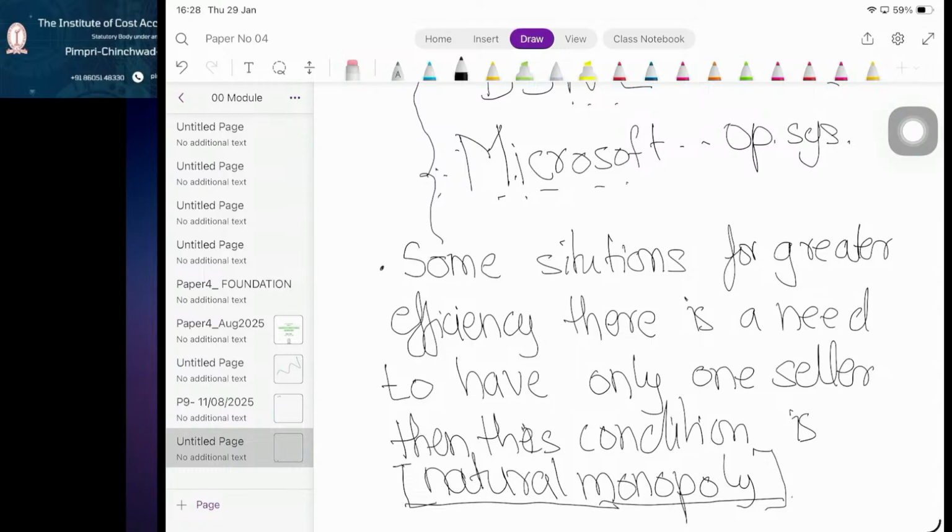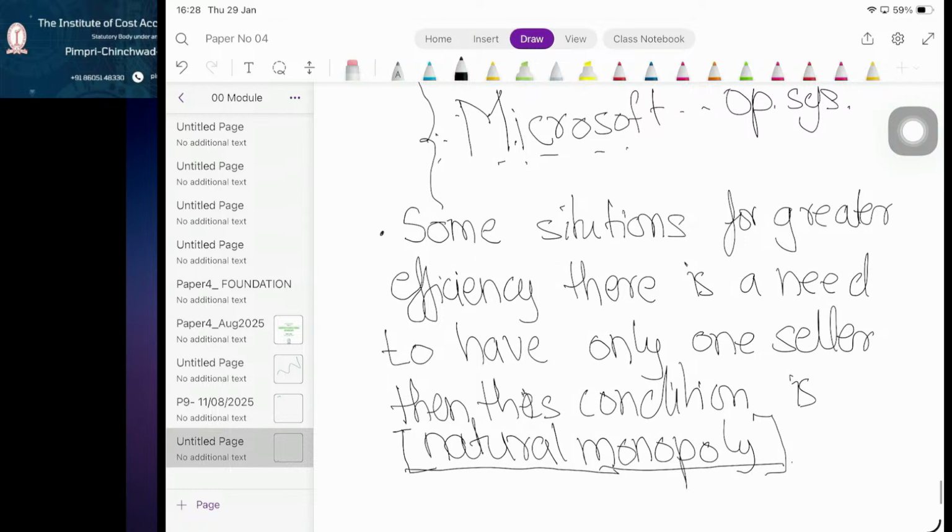Look, the municipal corporation is the only one who provides tap water. Correct? Because it requires pipelines to be dug and maintained. If this were given to two or three companies, every day some new company would start digging the roads and constructing their own pipelines. That will create chaos. So in such conditions, it is better to have only one firm.